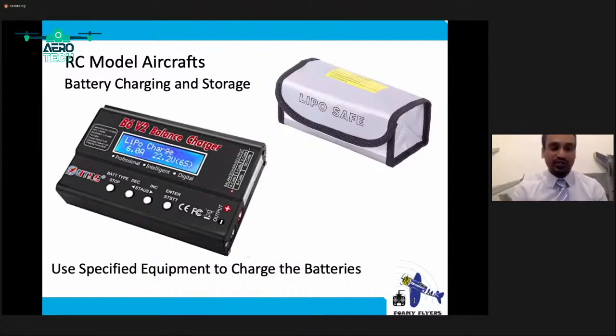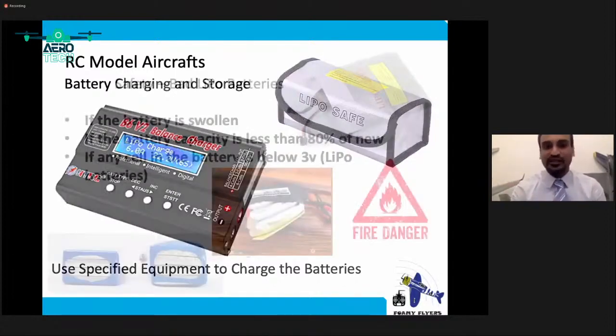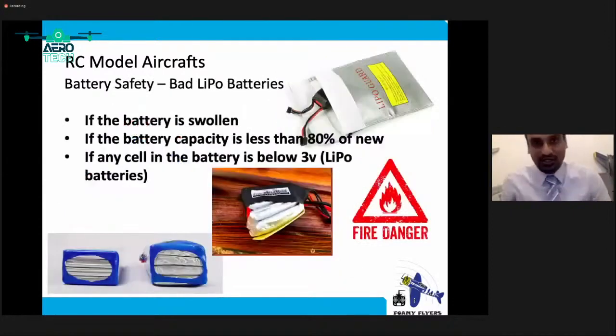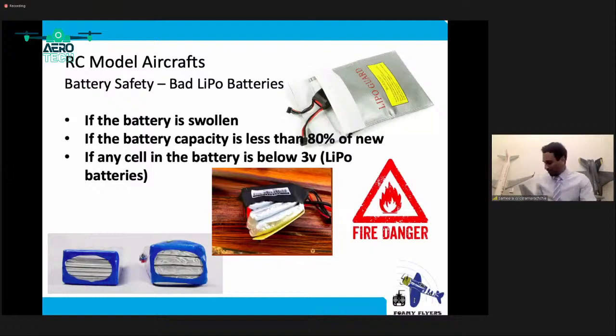Normally we used to fly every Saturday, but since we're not doing that, we might as well get all the batteries discharged and keep them in a safe place, like a safe bag or something like that. If your battery is like this, I would highly recommend you throw it away, or rather not just throw it away, but dispose of it carefully as per the manufacturer's information.